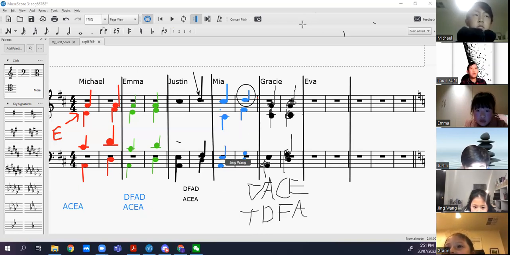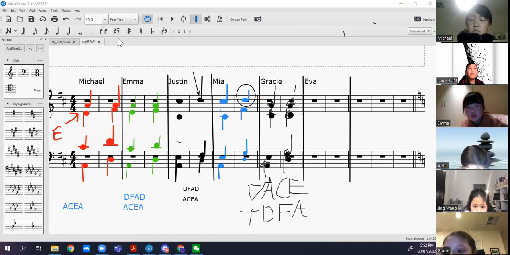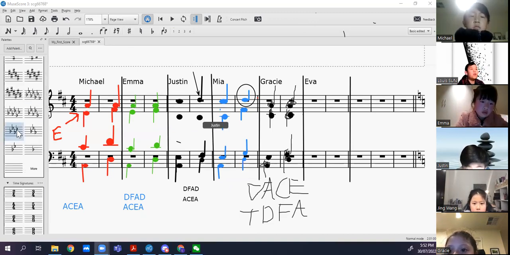Change key signature. Michael, that's very good. Okay, I'll change the key signature for Michael, Emma, and Gracie. So it is your own job to identify what key this is.